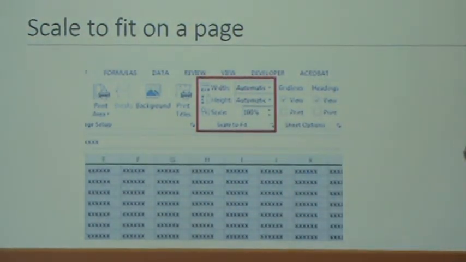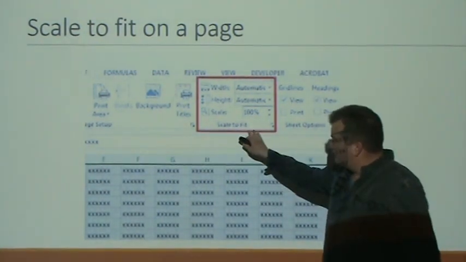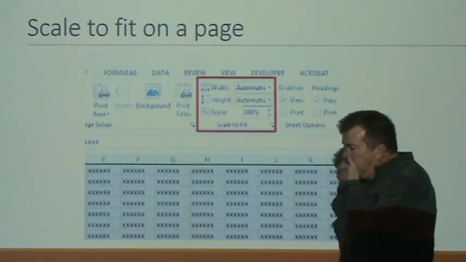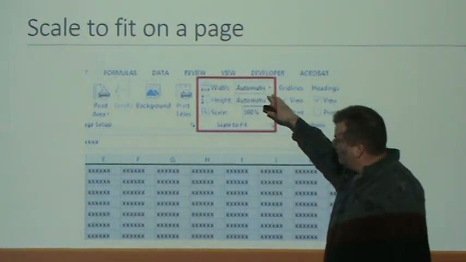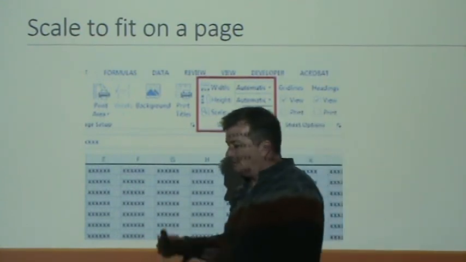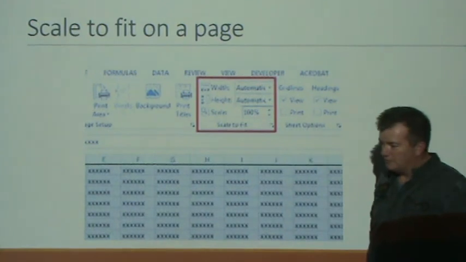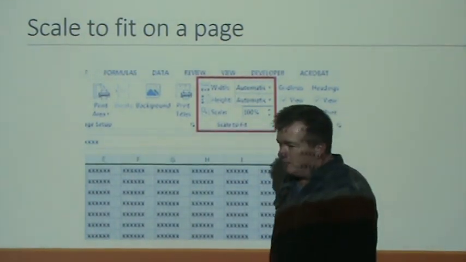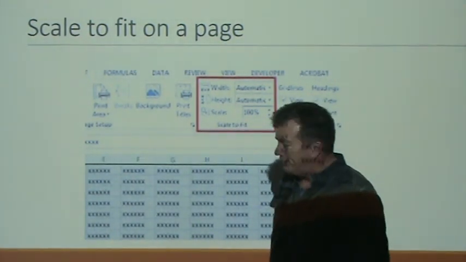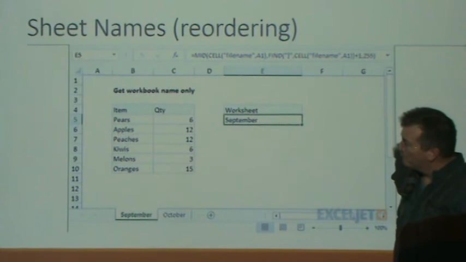What you can do is go to Scale to Fit, and you can set horizontally and vertically. You can set them to automatic. You can make the scale 100%, which means that 100% of your Excel spreadsheet will print on one page of paper. I just have to warn you, the print could be so small that you can't read it. So you have to use some kind of judgment when working on this. Okay.